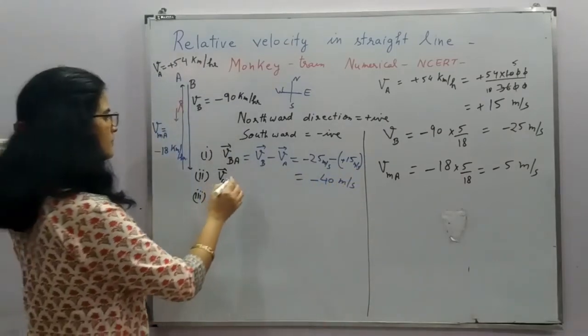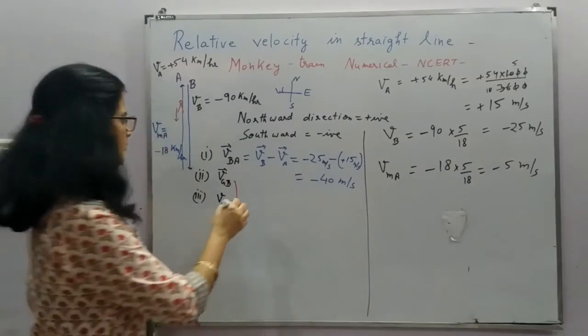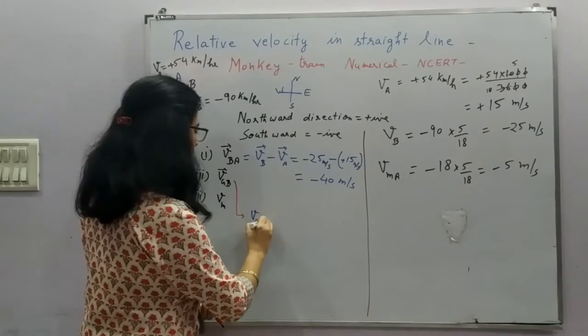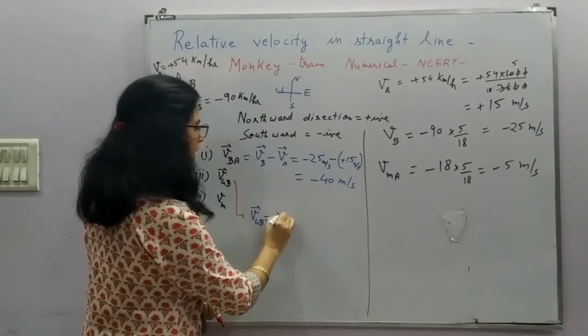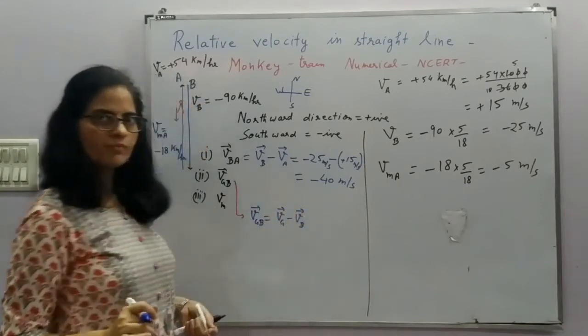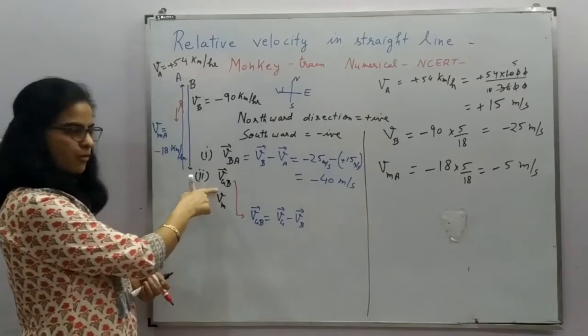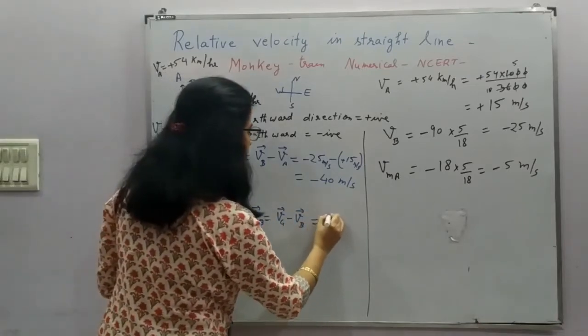Let's come to the second part. Right? So VGB is what? VG minus VB. We all know this. Right? So velocity of ground VG is what? Velocity of ground is 0.